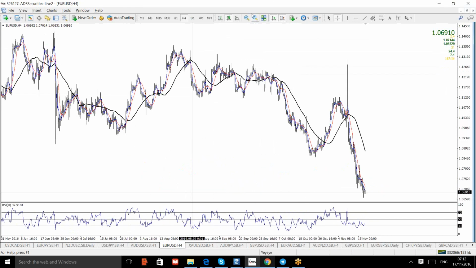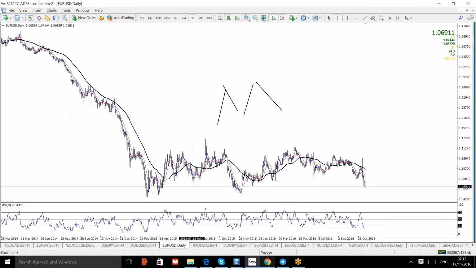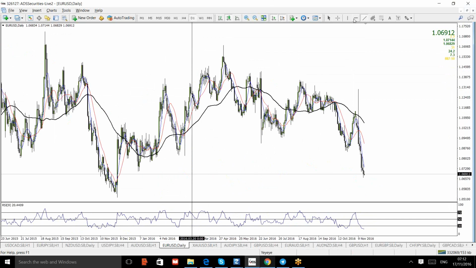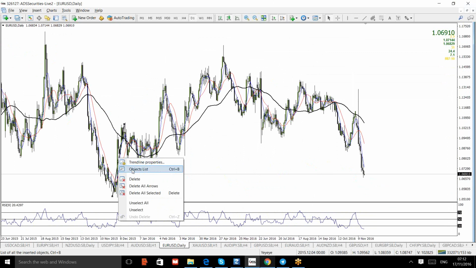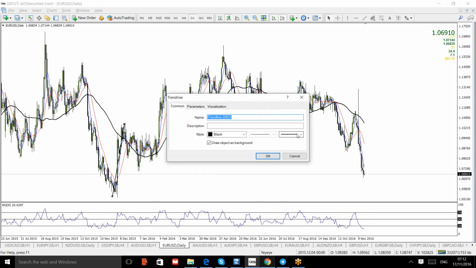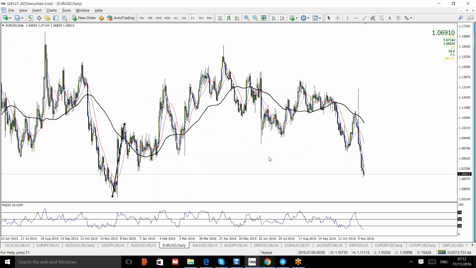Great. I'm going to give you examples of a leg. This move to the upside, that is your leg. So the first thing when you're trading is to identify your legs. This is your leg.